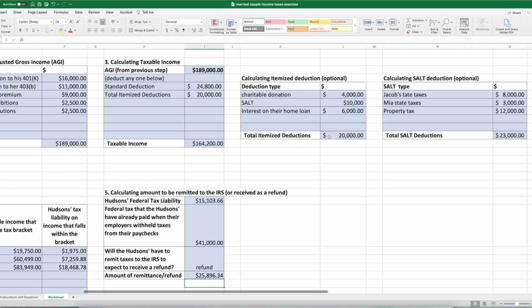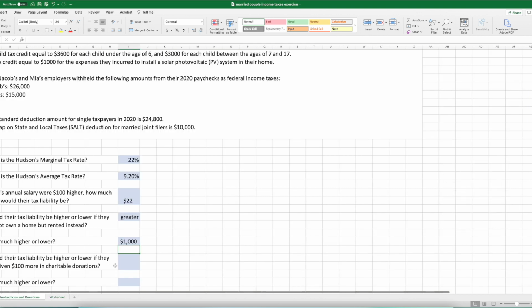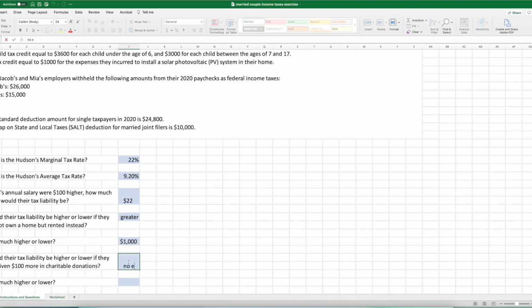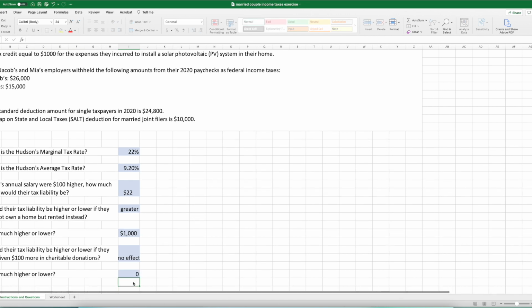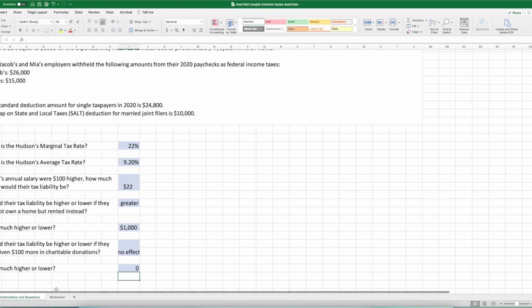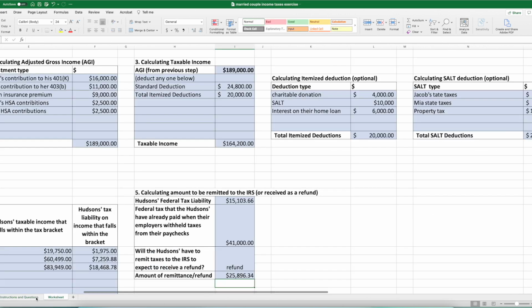But the total itemized deduction would still be lower than the standard deduction, so they would still end up taking the standard deduction. So it won't change their taxable income at all. Okay, so it would have no effect on their taxes. How much higher or lower? $0. Okay, and that's how you do this exercise.